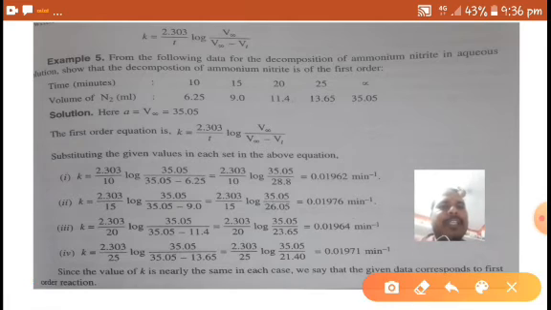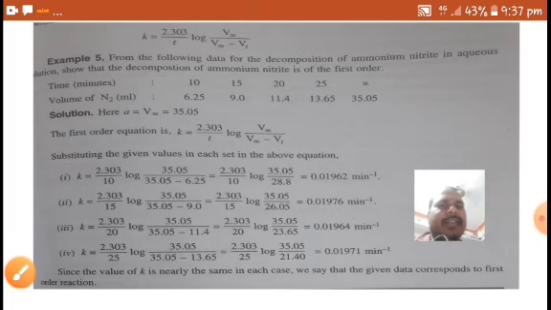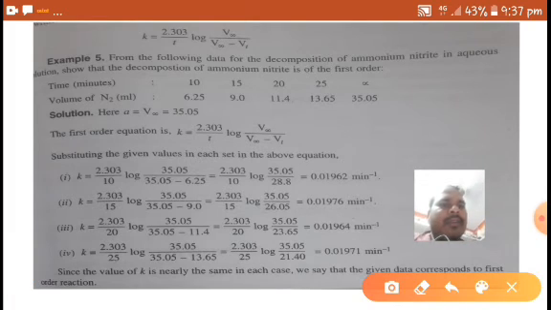By substituting, I am taking the first one at time 10 minutes, V infinity 35.05, and V infinity minus Vt, where Vt at 10 minutes is 6.25. By simplifying, I get 2.303 by 10 log of 35.05 by 28.8.